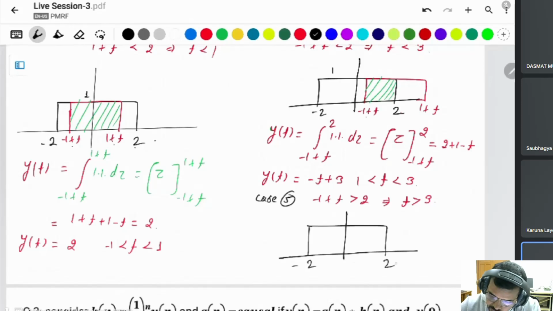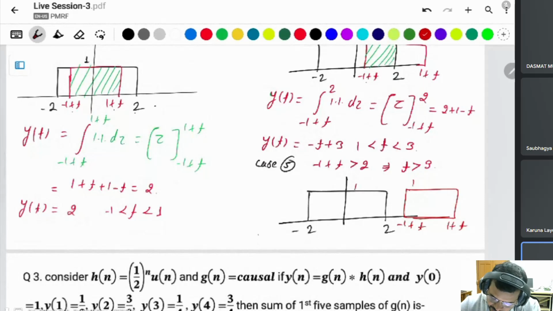Minus 2, 2, the signal is there. Minus 1 plus t and 1 plus t. This is 1, 1. There is yt equal to 0 because there is no overlap when t is greater than 3.